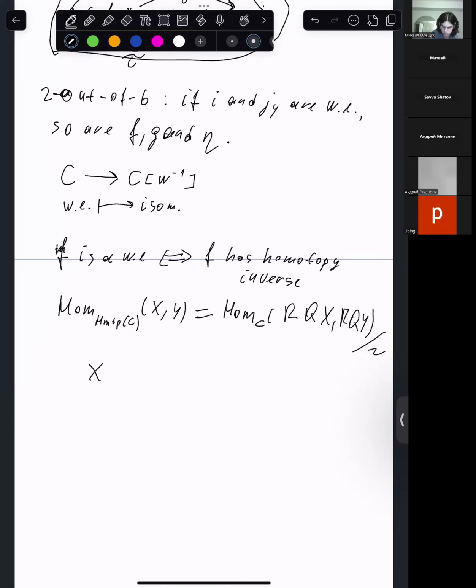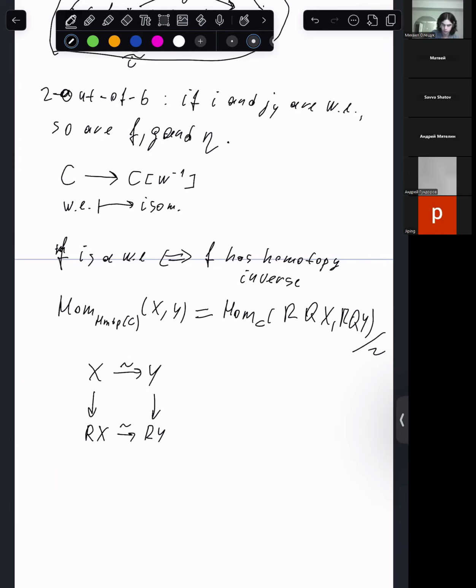Alexei also said that if we have, let's say, a fibrant replacement of a weak equivalence, it is also a weak equivalence, if I'm not mistaken. Yeah, okay, let's say it's true.